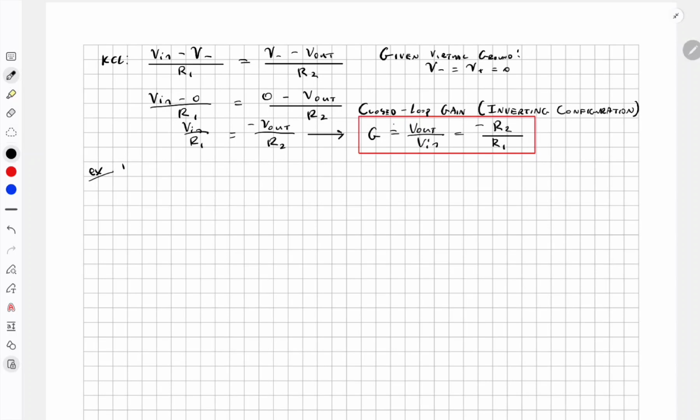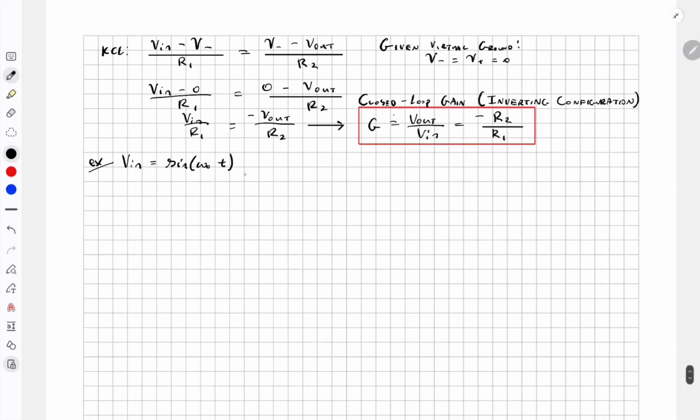Let's say V in, we are told, equals sine omega naught t. It's a sine wave with frequency omega naught. And we are told that R2 divided by R1 is equal to 10, a unitless value. The question is, what is V out?